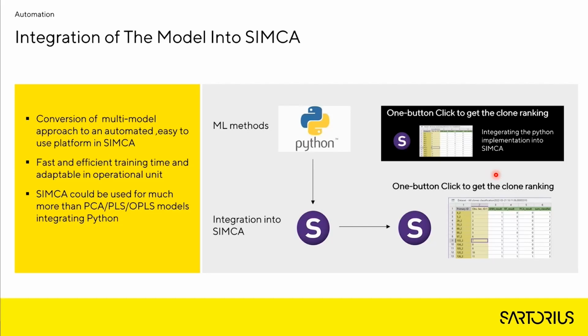As I mentioned before, we integrated the machine learning methods, which were developed in Python, into Simca, a Sartorius software for multivariate data analysis. We could integrate all of them together as one button click, which provides a data output with a ranking of the clones, as you see in this picture.